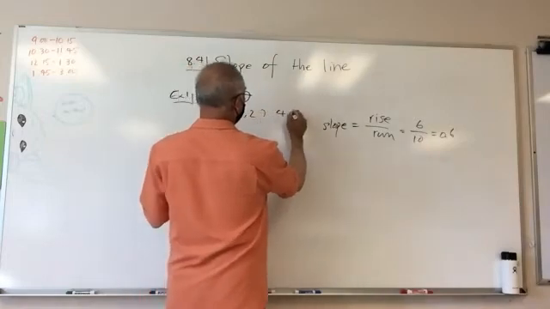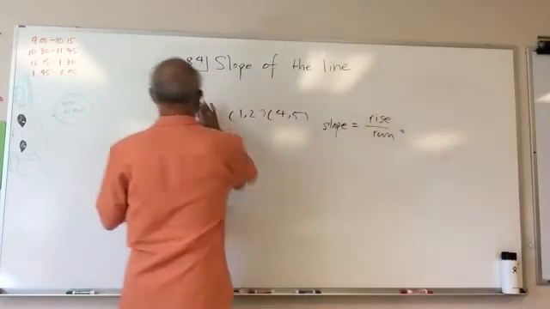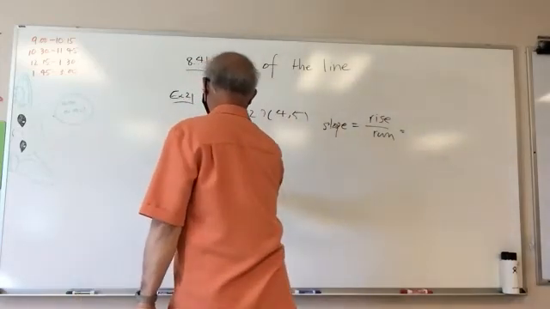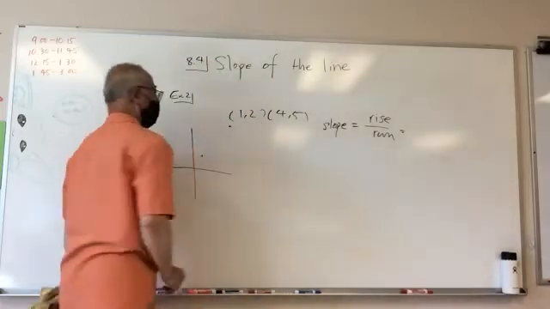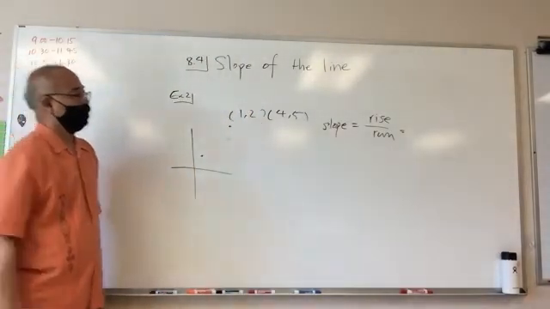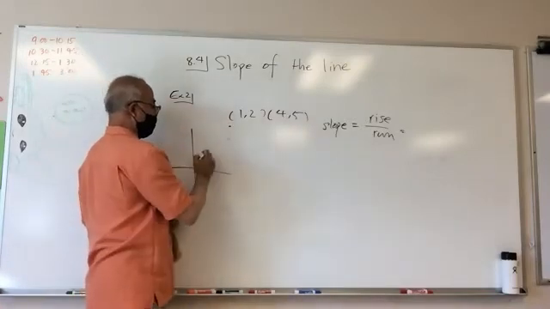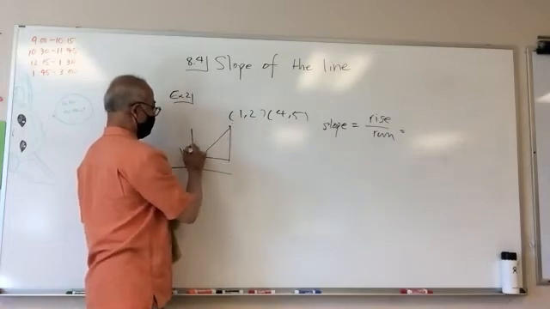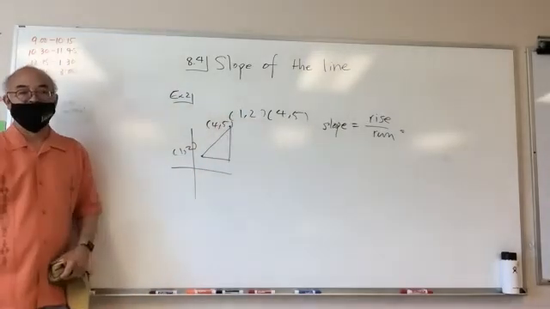Let's do it graphically. So this is 1, 2, this is 4, 5. What's my run here?